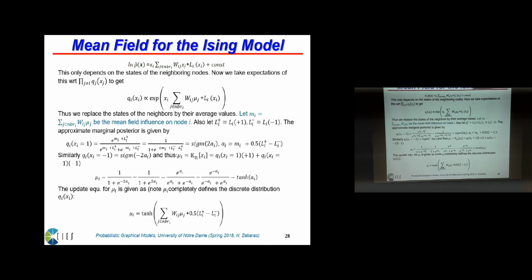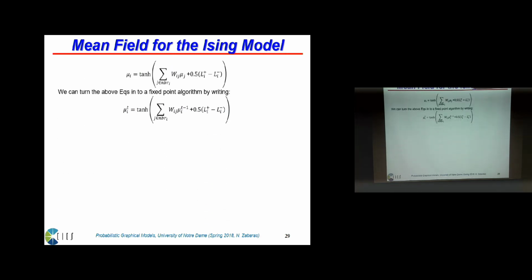So you have to iterate, and obviously you can do this with a lot of nice tricks. You can go through each of the pixels and repeat this until it converges, or you can do it even in an asynchronous manner, okay? So the iterations look like this. If you put an index t here for the iterations, you use the previous values you have, you update mi, and you keep going.